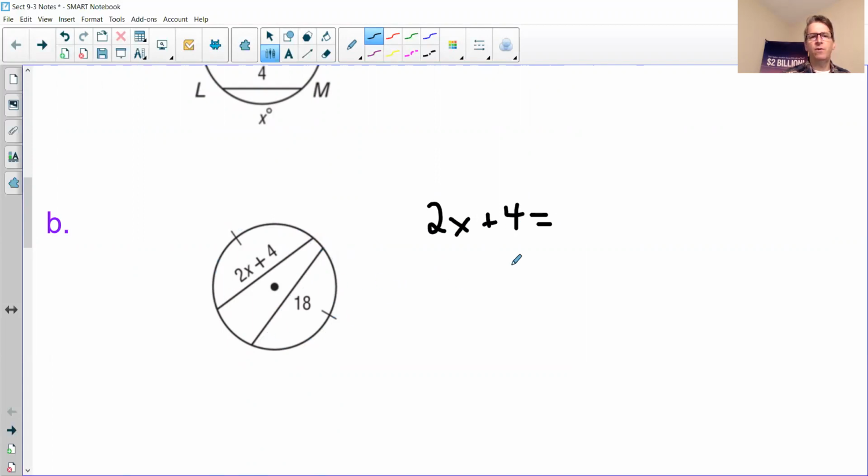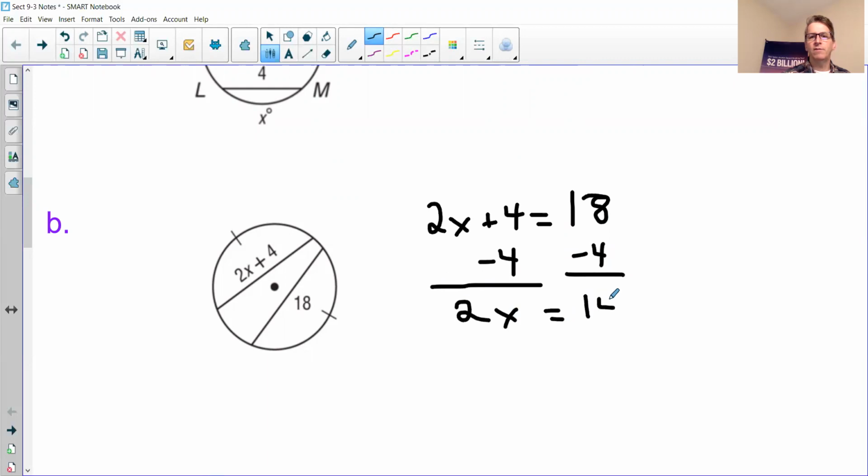So 2x plus 4 is equal to 18. If you subtract 4 from this side and this side, you have 2x is equal to 14, and x is 7. X is equal to 7. So keep an eye out on these types of questions.